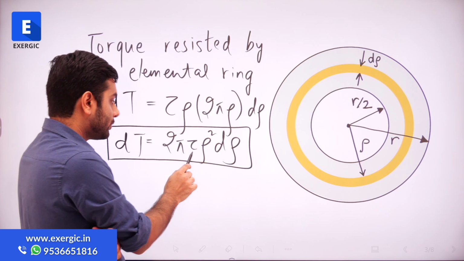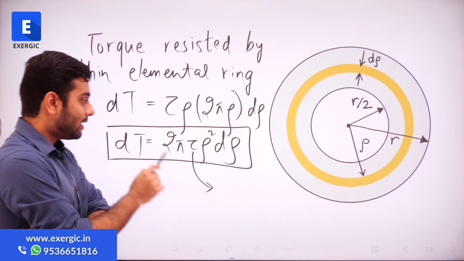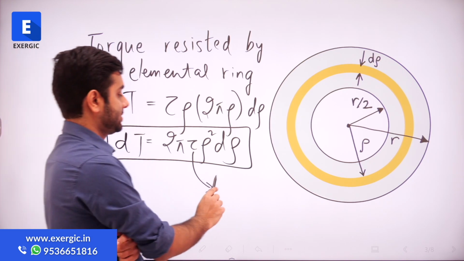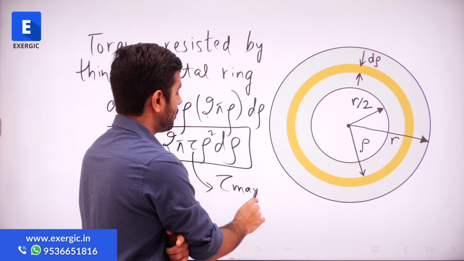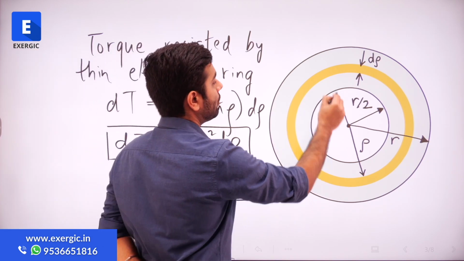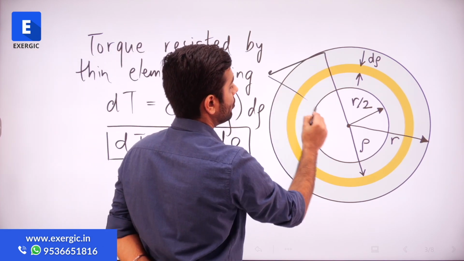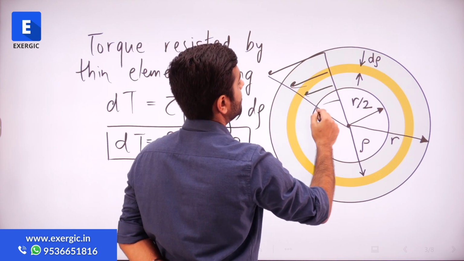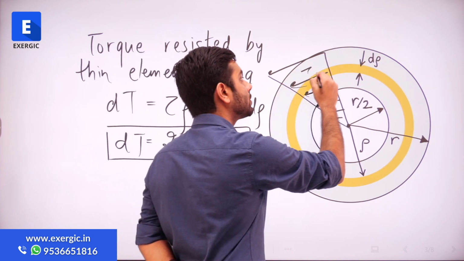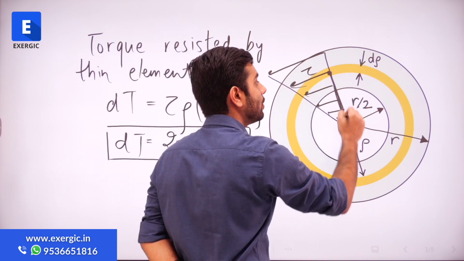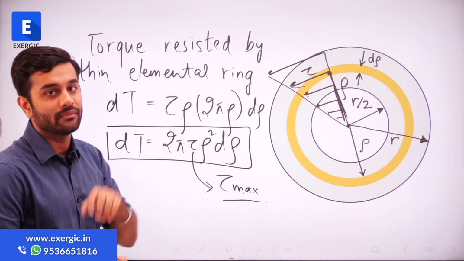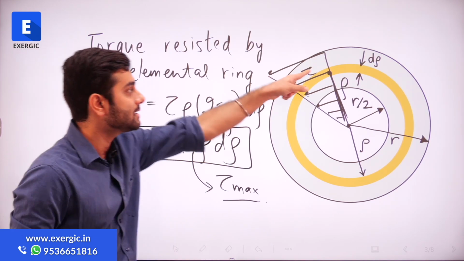In place of tau, I can represent it in terms of tau max, right? How? Because I know that the variation of shear stress is linear like this. The value of tau at the distance of rho is not the maximum value. It is the value at a distance of rho.